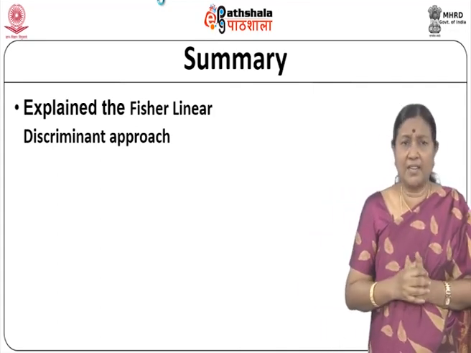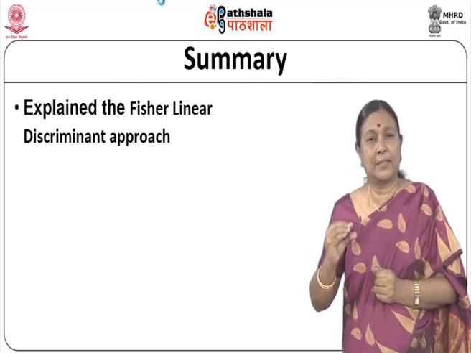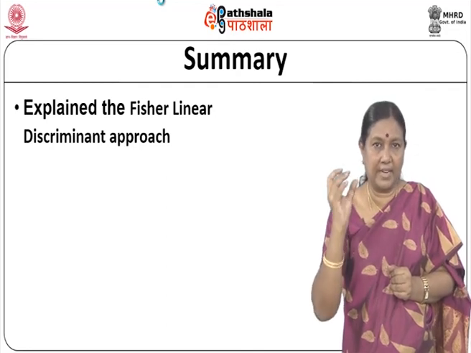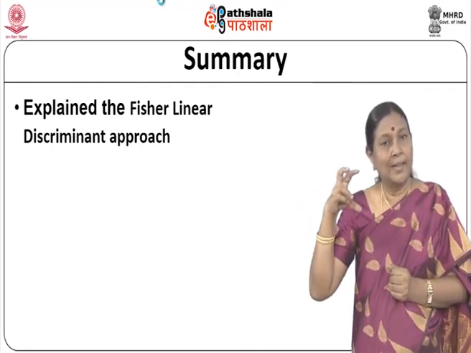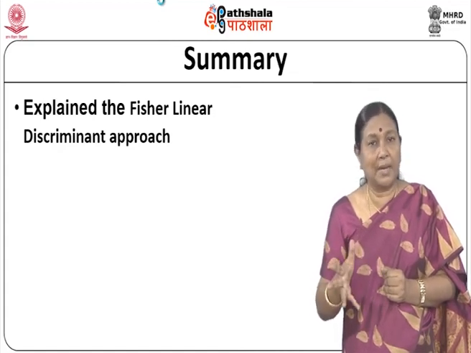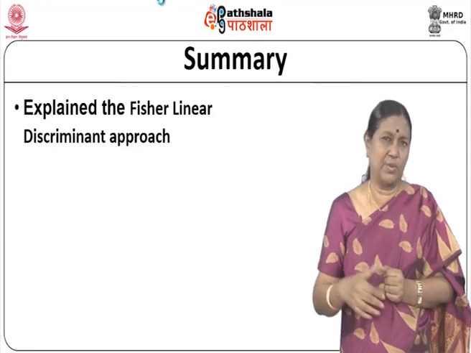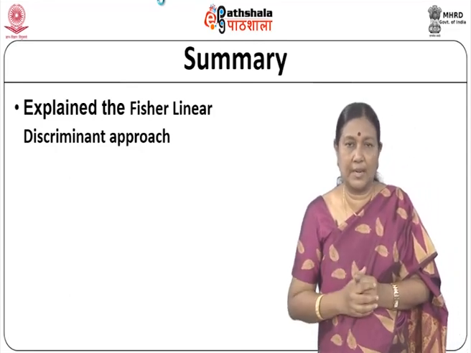There are other dimensionality reduction techniques also which we have not gone into. We just looked at 3 basic techniques: principal component analysis, where the largest variance was considered; Fisher linear discriminant, where we tried to choose a line that discriminates between the classes; and the third one, singular value decomposition, which was just a mathematical technique which reduces the dimension.